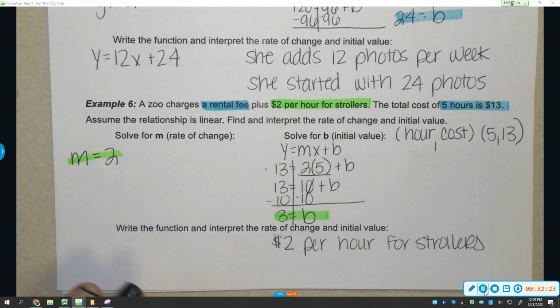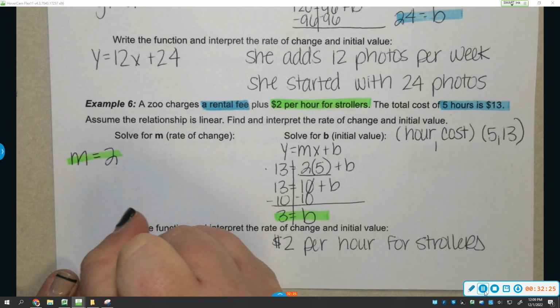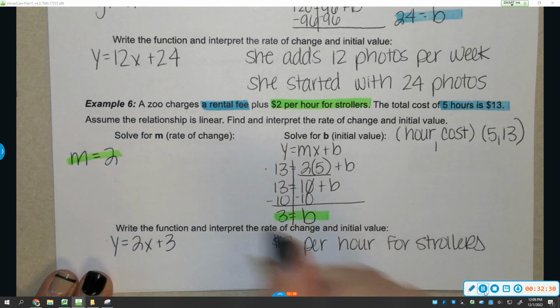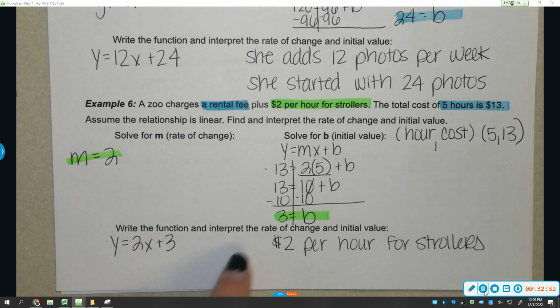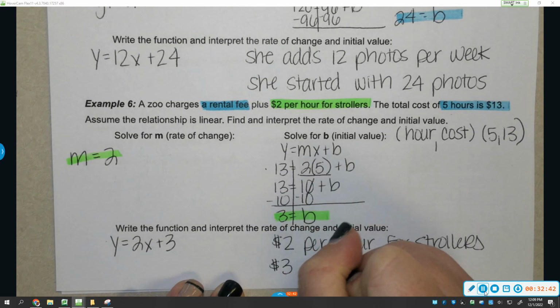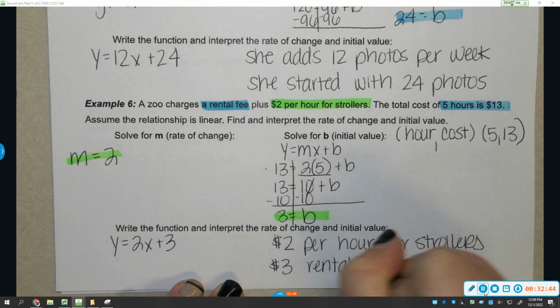I put my m and my b together to write my function. So y equals 2x plus 3. What does 3 represent in this equation? What does 3 represent, Nathan? The rental fee. Perfect. So it's a $3 rental fee.